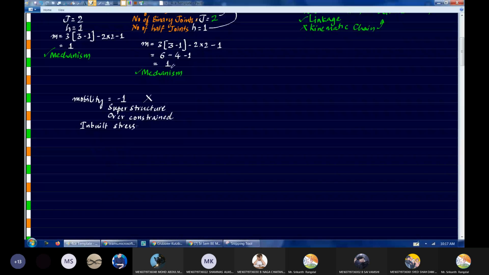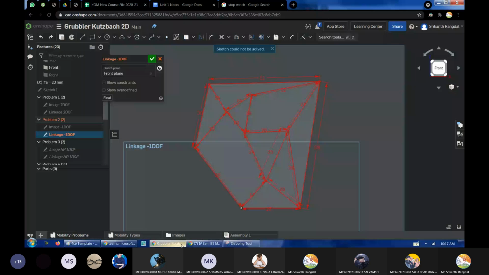Because of this inbuilt stress, what will happen? Inbuilt stress means this mechanism is already stressed up. So if we apply some extra force at any of these points, because there is already some stress inside and we are putting some extra stress, the mechanism may fail.